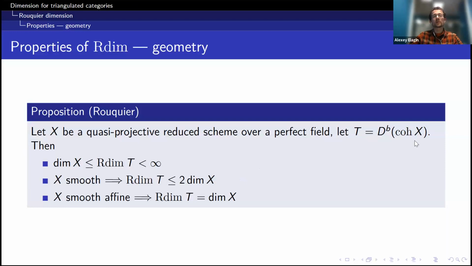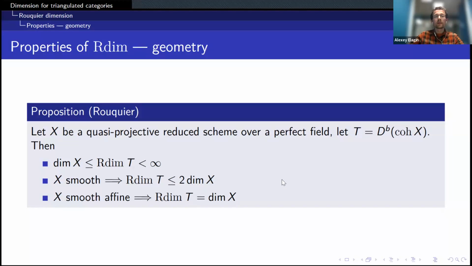So for a quasi-projective and reduced scheme, the dimension of this category is at least the dimension of the variety, and it is finite. If in addition the variety is smooth, then the dimension is bounded from above by 2 times the dimension of X. And if it is in addition affine, then the dimension of the derived category is equal to the dimension of the variety.